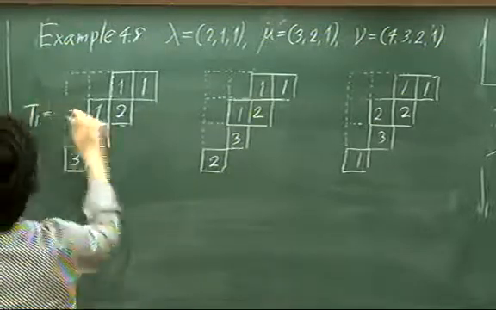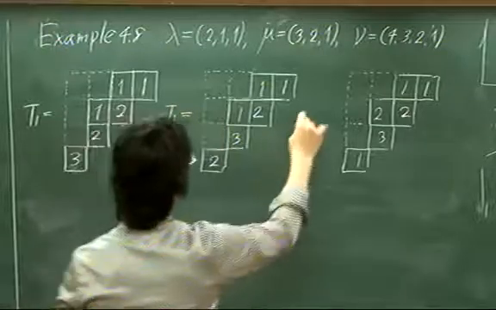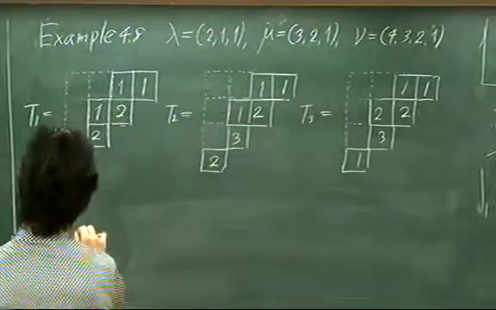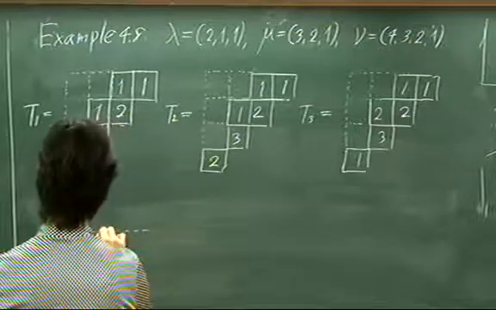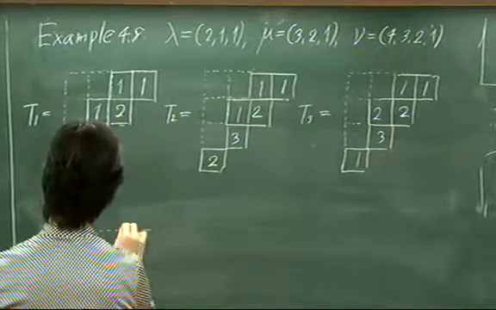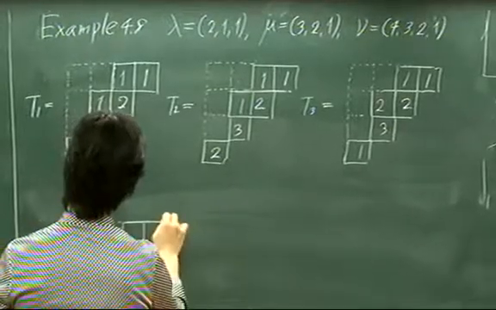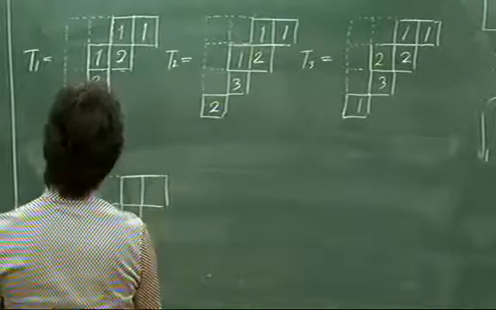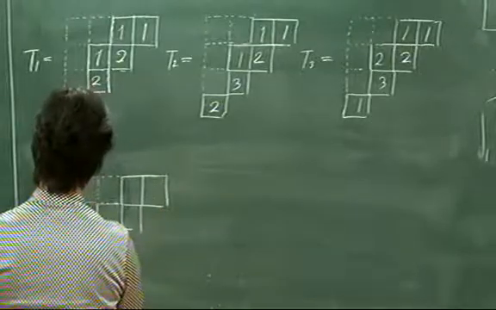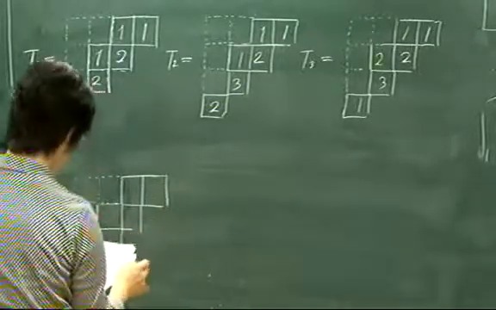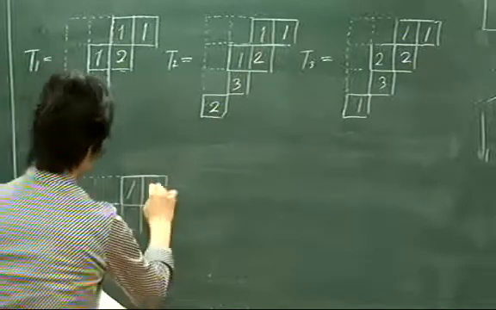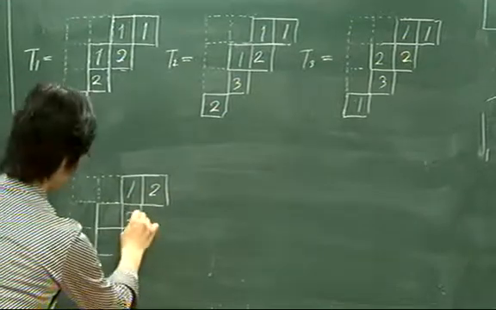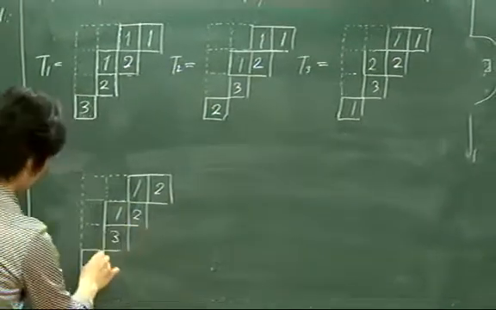This is T1, T2, T3. One, two, 2, 1, 3, 1.